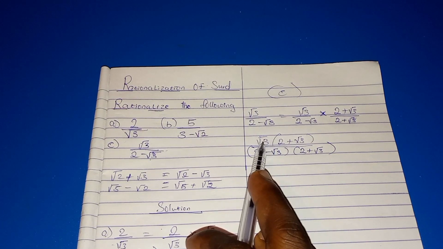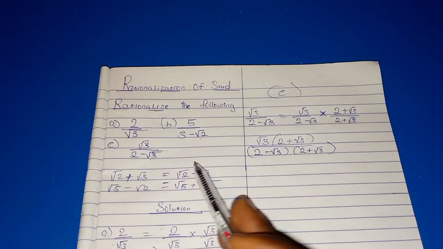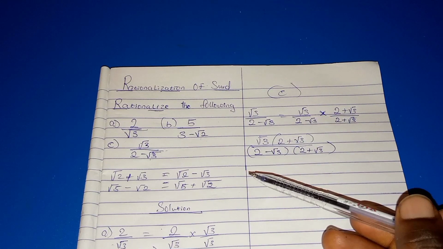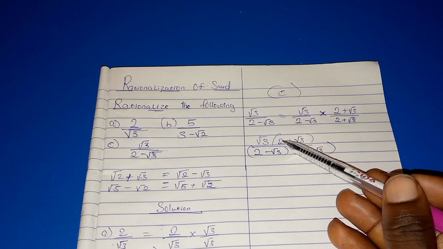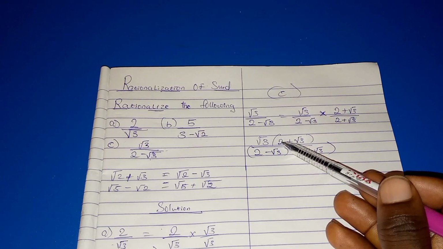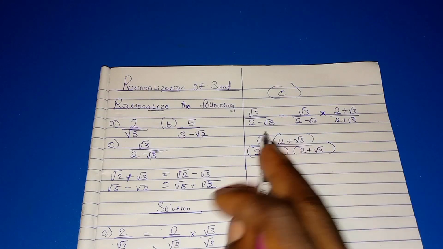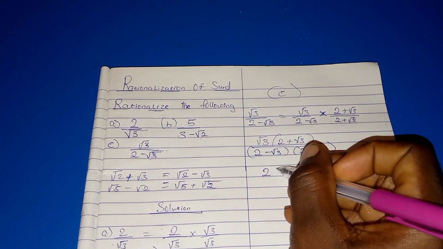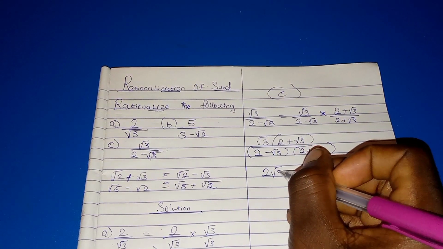Remember, as I said earlier, any given value that is inside a surd form cannot directly multiply another value that is not in a surd form. So this multiplied by this leaves us with 2 root 3.